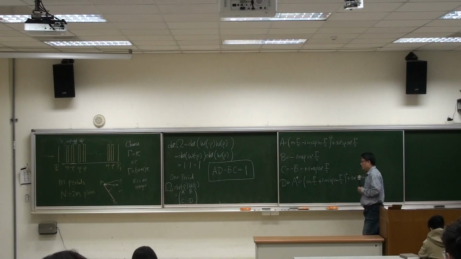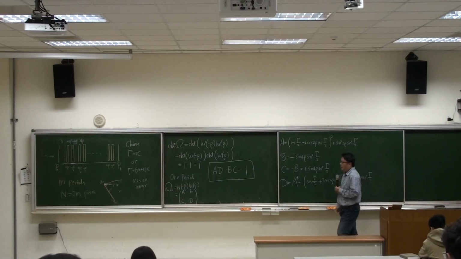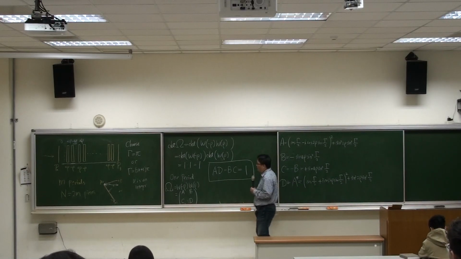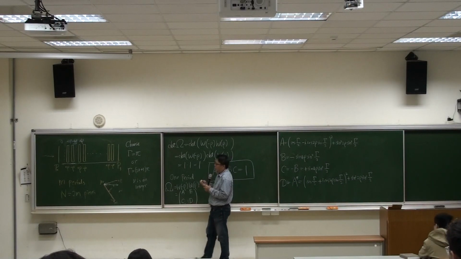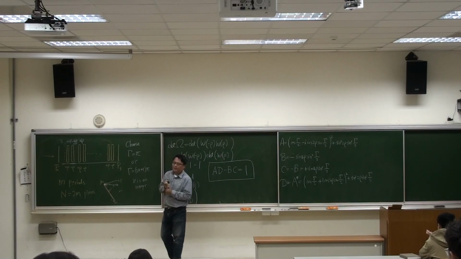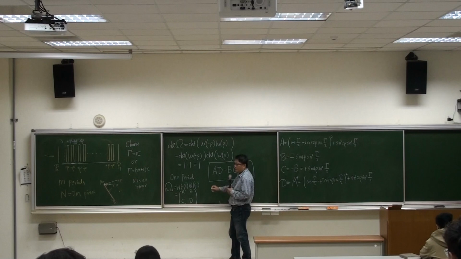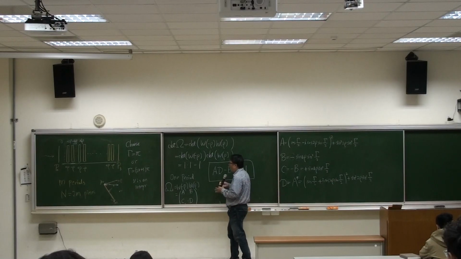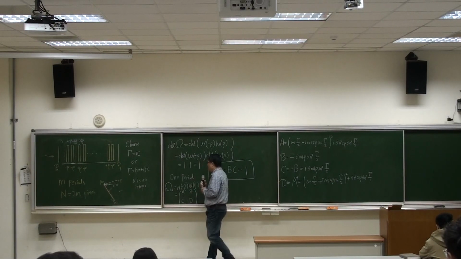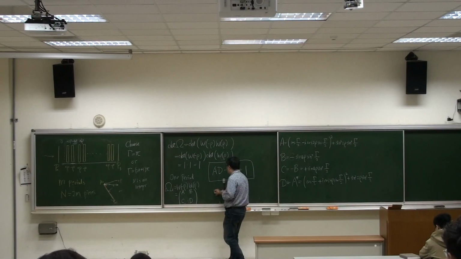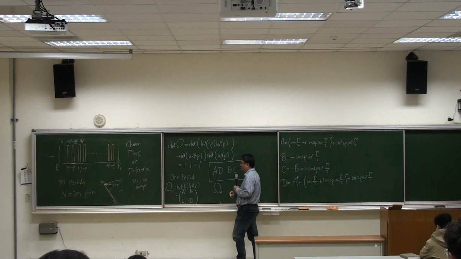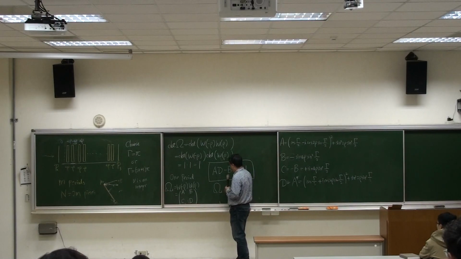AD minus BC is equal to 1. However, according to linear algebra, what is the determinant of the matrix? Suppose we find the eigenvectors of omega.